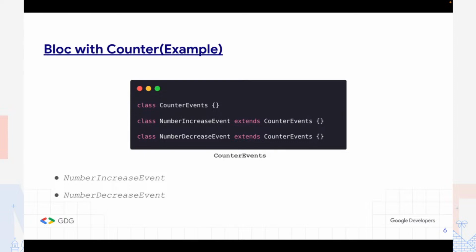So we are simply going to register them in our counter events class. Number increase event is going to extend our counter events class, and similarly number decrease event is going to extend counter events class. So these are the two events that I have so far.